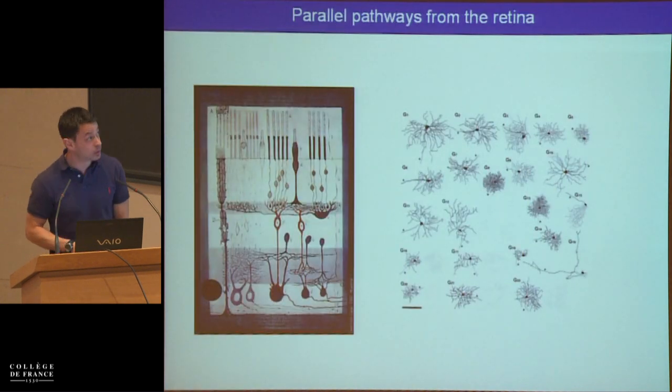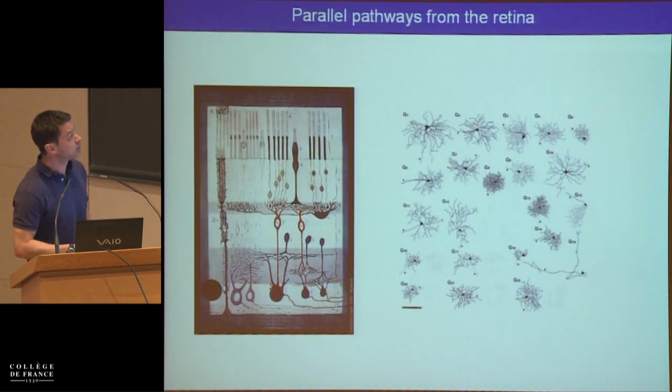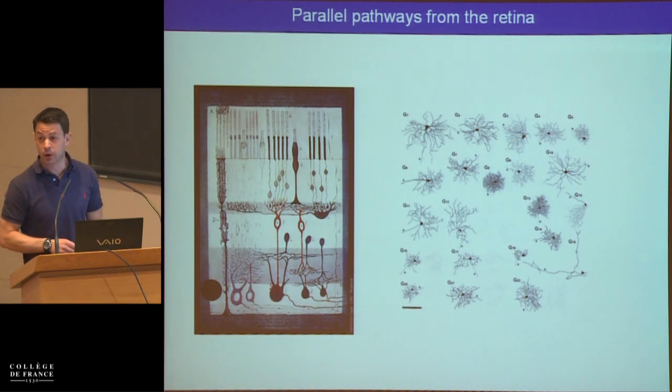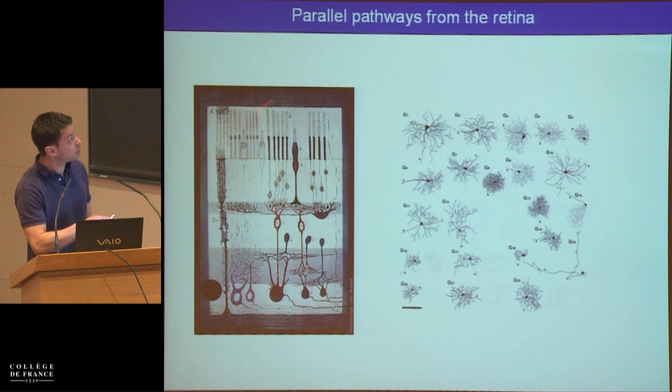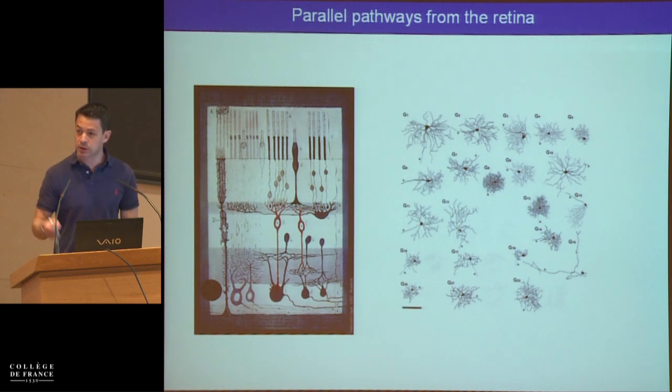So this is the structure we're interested in, or one of them. This is a beautiful drawing from Cajal that shows the organisation of cells in the vertebrate retina. And as you all know, the real process of vision begins with these cells. These are the photoreceptors. These are the cells that convert photons of light into the first neural signals in the visual pathway.